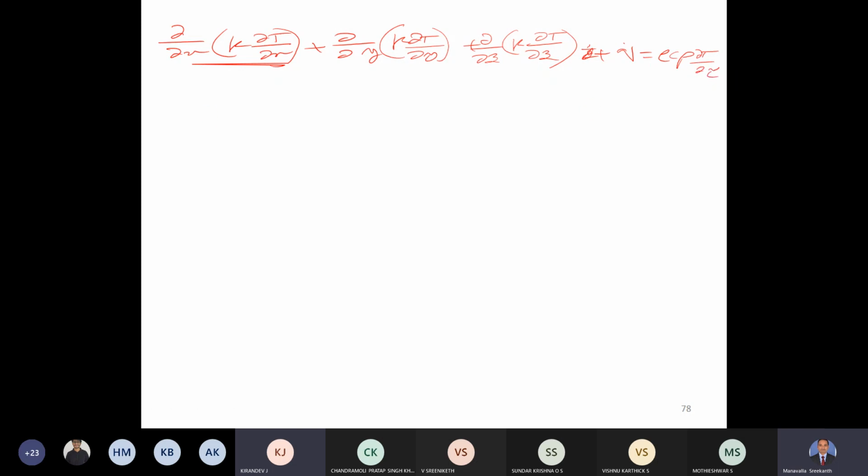This is the most general equation containing everything that is possible.